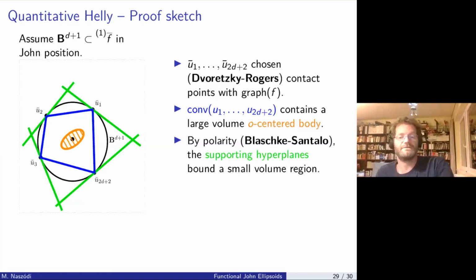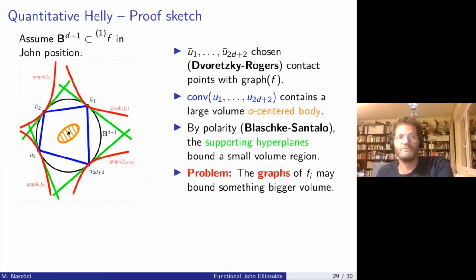And we would be done. Well, almost, except that the problem is that if you look at only the functions that these contact points give us, their graphs, what they bound is not exactly the green polytope, it's actually bigger.